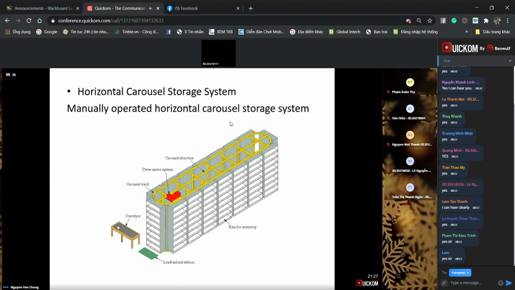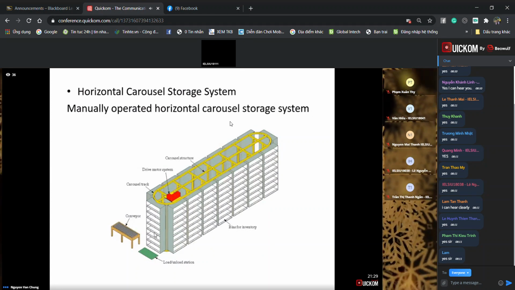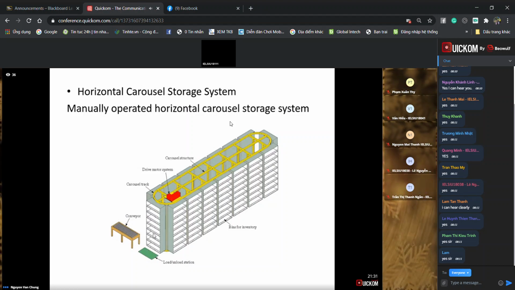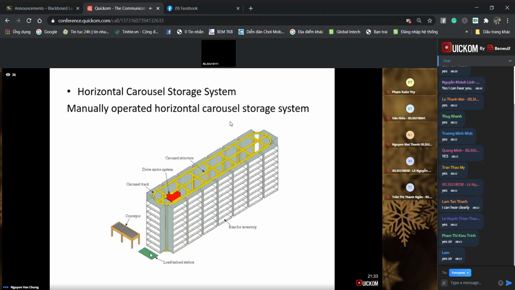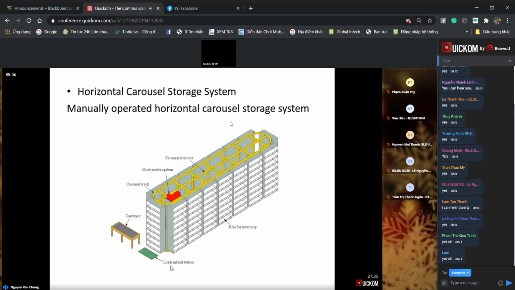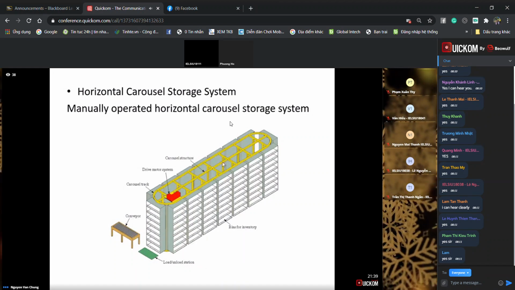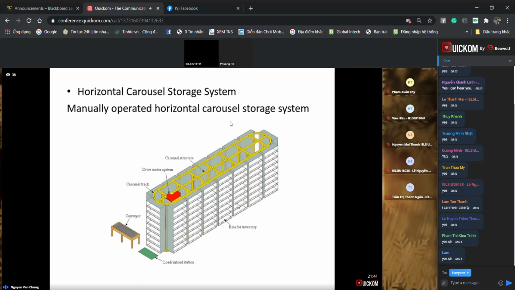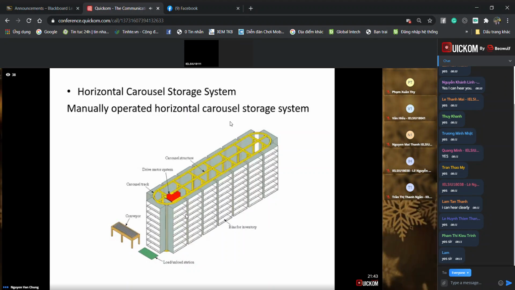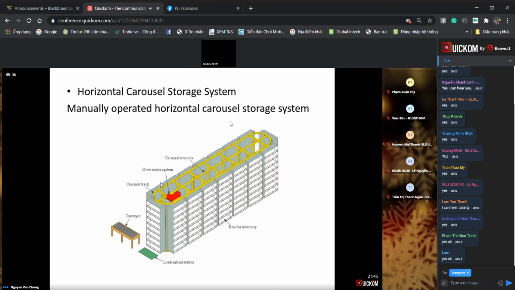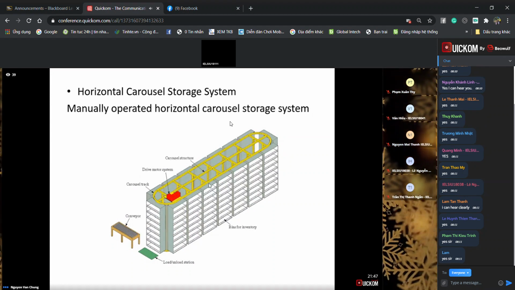And then you have the conveyor, and the operator or the workers maybe stay here. So like that, you have a load or unload station, and you have the bin for the inventory, the bin and move. So like that, this is the conveyor.